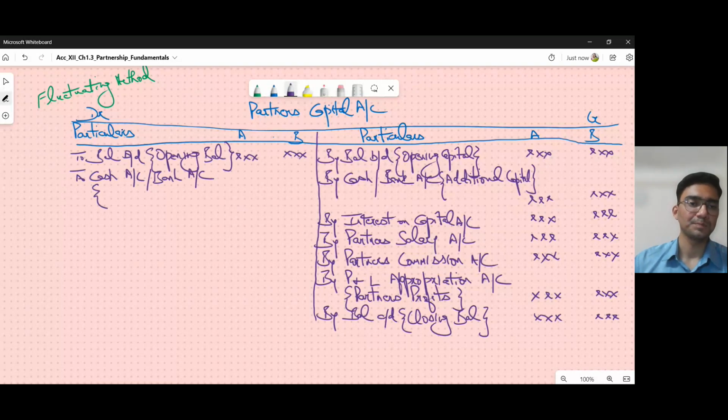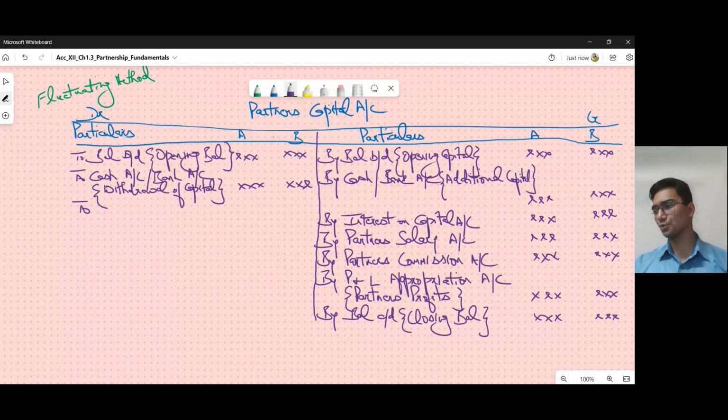This is going to be your withdrawal of capital. Third item. So we are mixing both those accounts, and the third item comes as to drawings. To drawings account, write the amount.